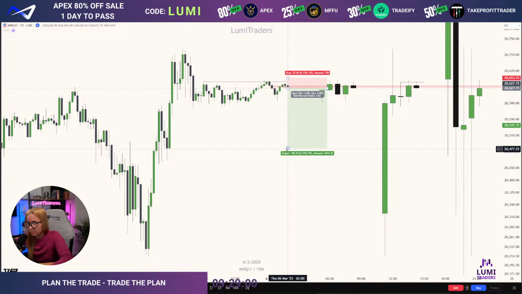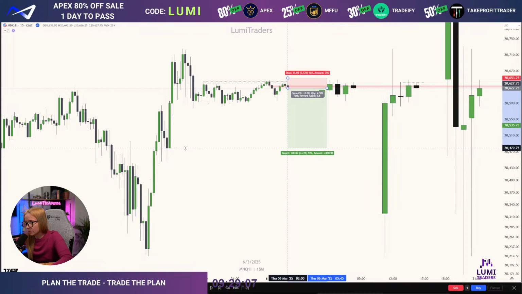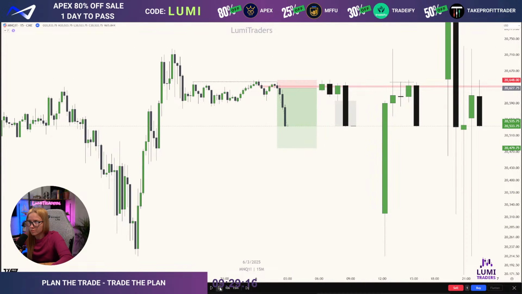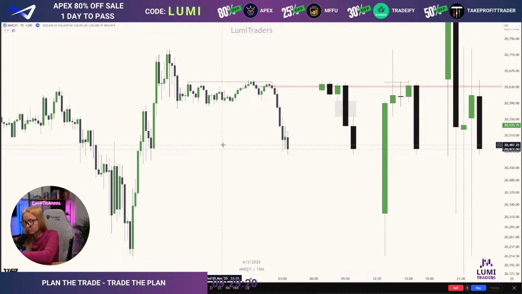It can go lower, for example this untapped fair value gap, but we're looking for conservative targets normally. So that was amazing. Okay, that was on NQ.